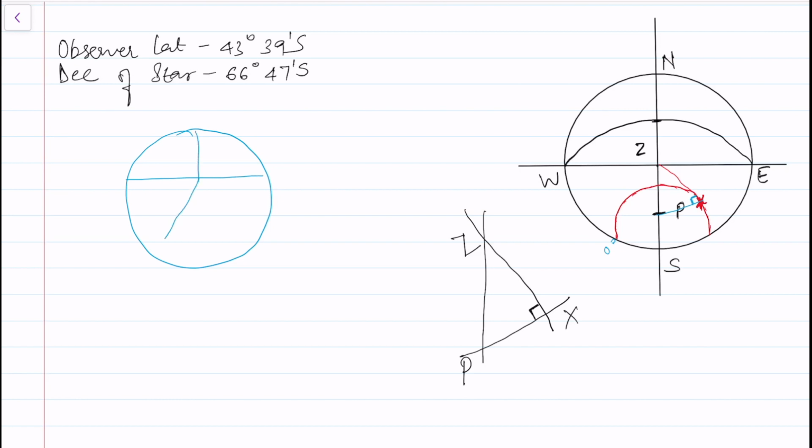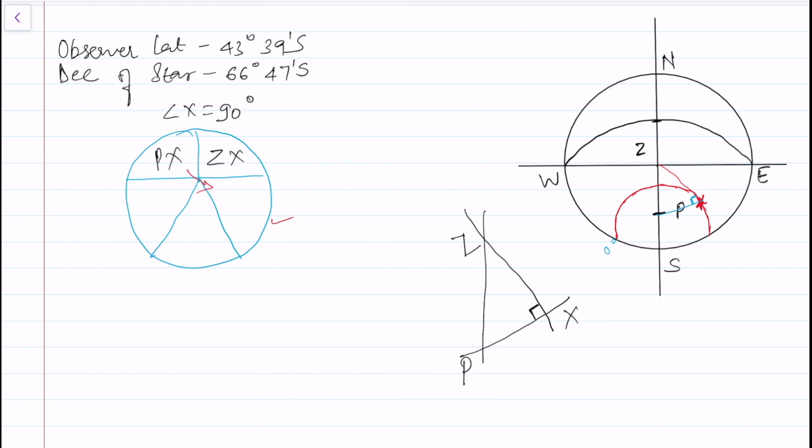Now we have angle X which is equal to 90 degrees. The sides adjacent to angle X are PX and ZX. So in this section, we'll have to write what is opposite to PX.